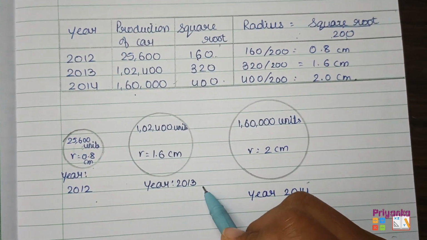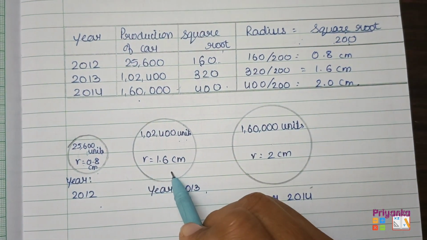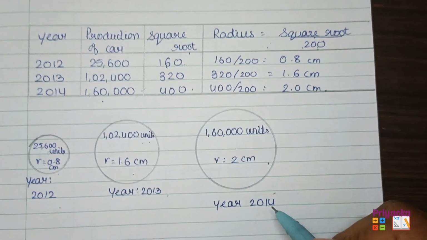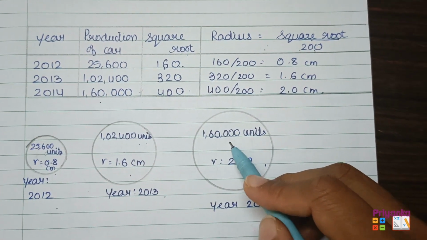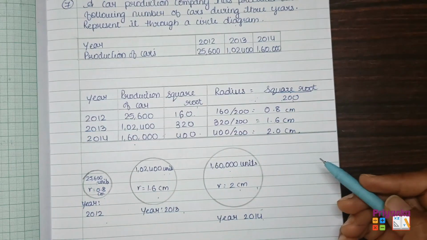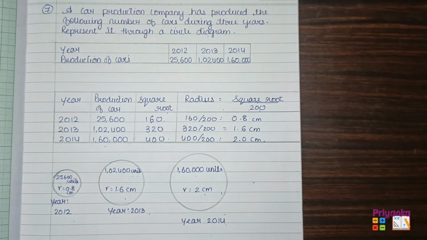For 2013, 1,02,400 units with the radius of 1.6 centimeter, which we have found. And for the year 2014, 1,60,000 units with the radius of 2 centimeter. This is how you have to show the circle diagram. For this you don't need the graph. Moving to the next question.